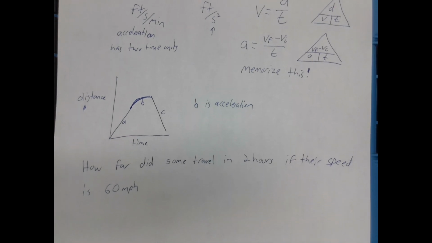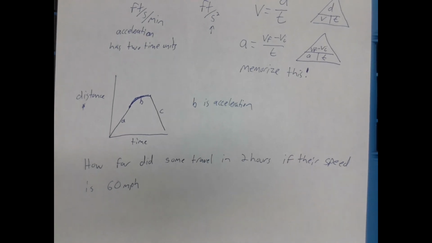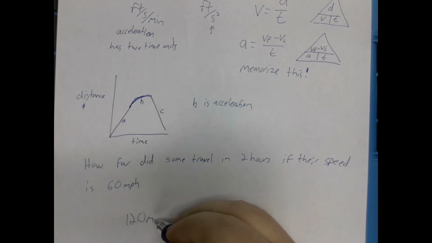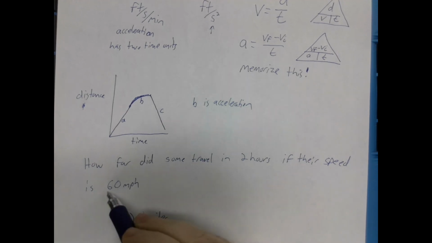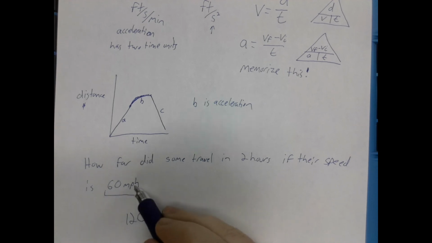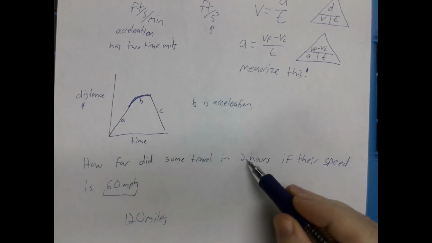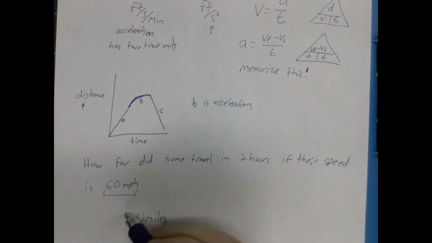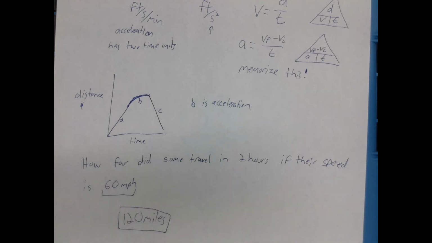So how far did they travel? What is that? 120 miles. So if you're moving 60 miles every hour, that means for 2 hours you travel a total distance of 120 miles.